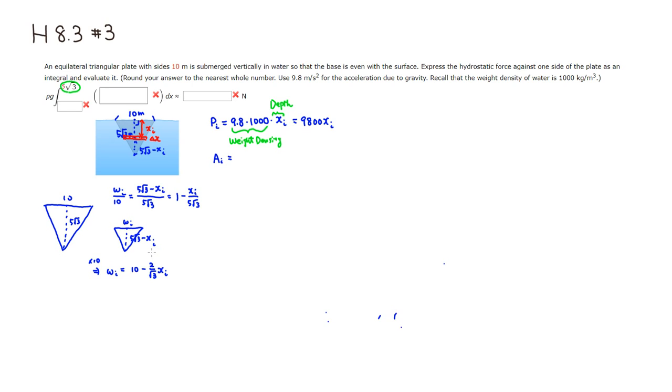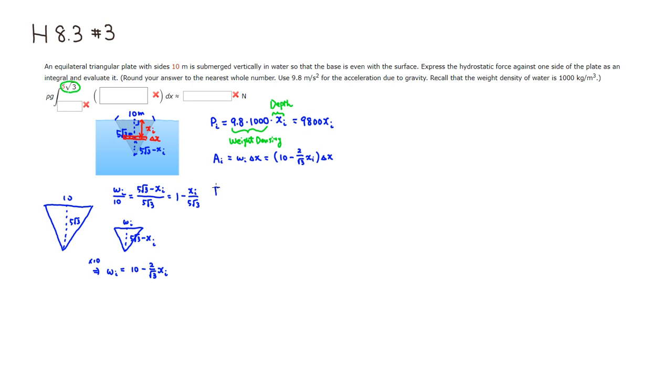So the area is simply the width times delta x, so we have 10 minus 2 over square root of 3 xi, times delta x. Once you've done that, we just need to multiply pressure times area to get the hydrostatic force.